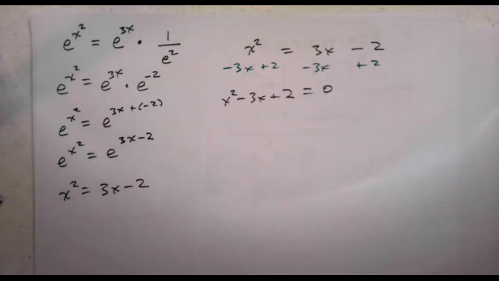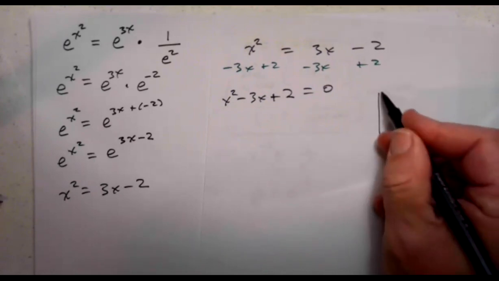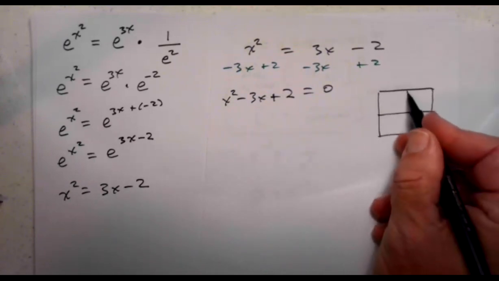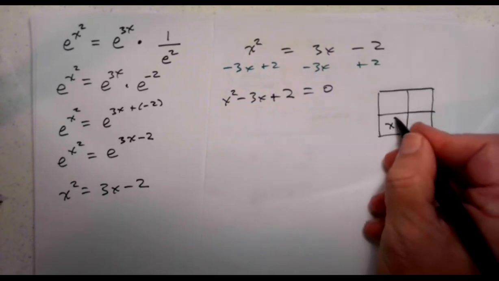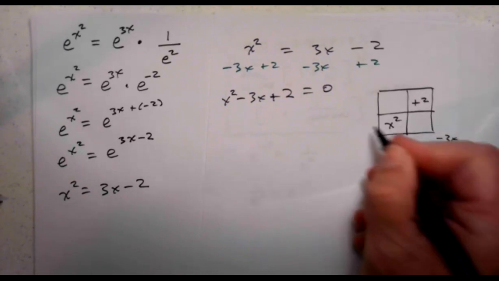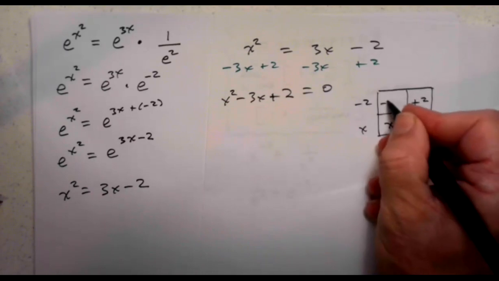Which you could solve with the quadratic formula. You could solve with completing the square, but I certainly think the simplest way to solve this is with factoring. So let's factor it. x squared here, plus 2 here, minus 3x here. x times x, minus 2 times minus 1.